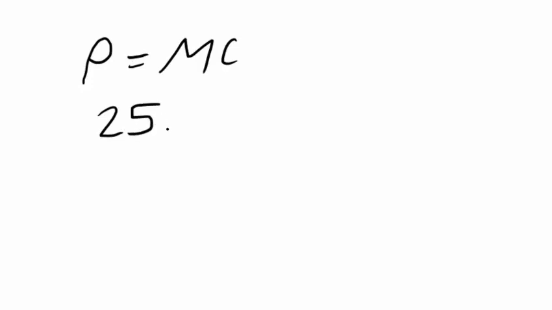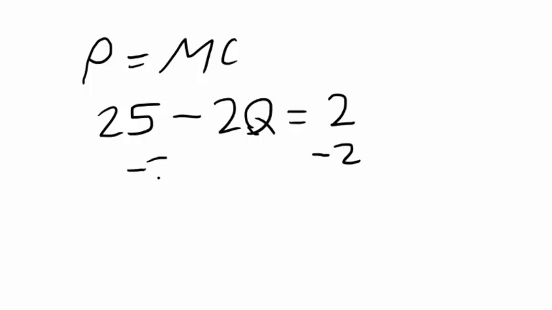Next, we want to find our profit maximizing quantity, and we can do that by finding the intersection point between price and marginal cost. So we would set price equal to marginal cost, and our price function was 25 minus 2Q, and that's equal to our marginal cost of 2. And so, by solving for Q, we would subtract 2 from both sides, and add 2Q to both sides.